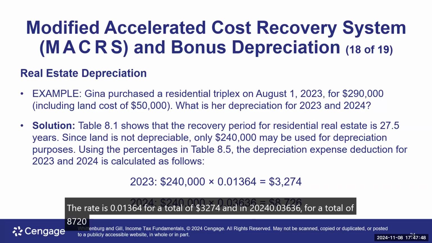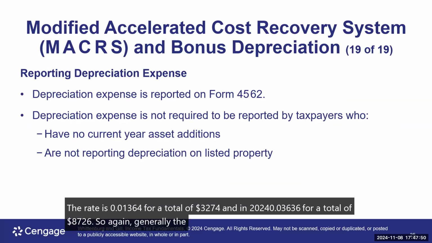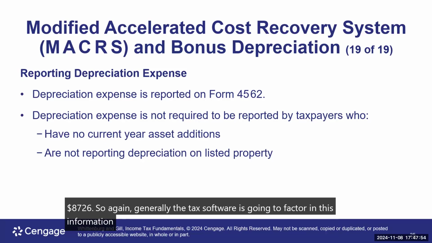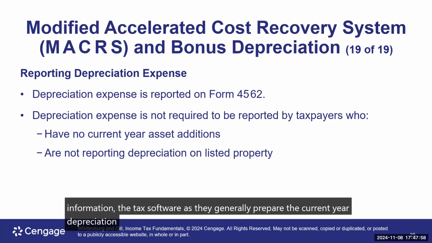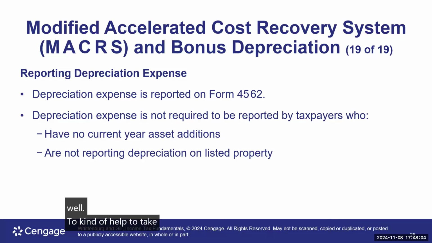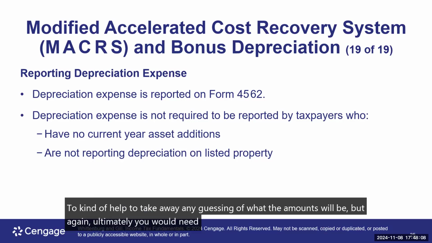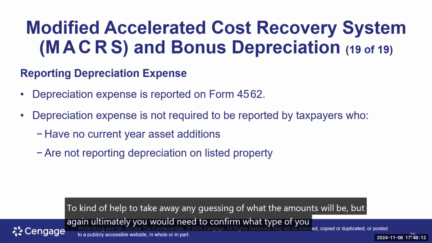So again, generally the tax software is going to factor in this information. The tax software generally prepares the current year depreciation, and also prepares worksheets for future depreciation, to help take away any guessing of what the amounts will be. But ultimately, you would need to confirm what type of property is being placed in service.